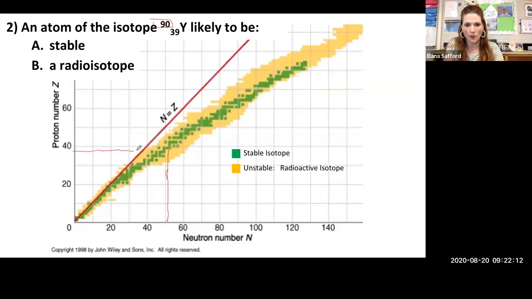It's really close, but I'm going to call this one stable because I think this plot is right in there on the green. So this one is stable.